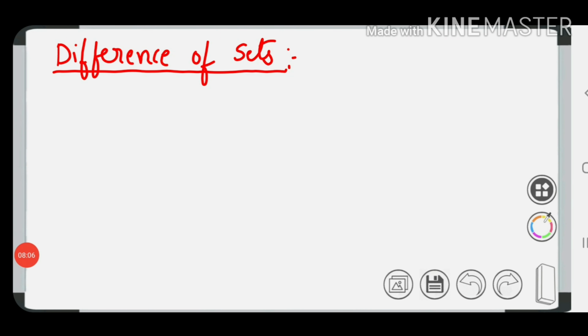Now we discuss difference of sets. If A and B are two sets, then difference of sets means we get A minus B and B minus A also.